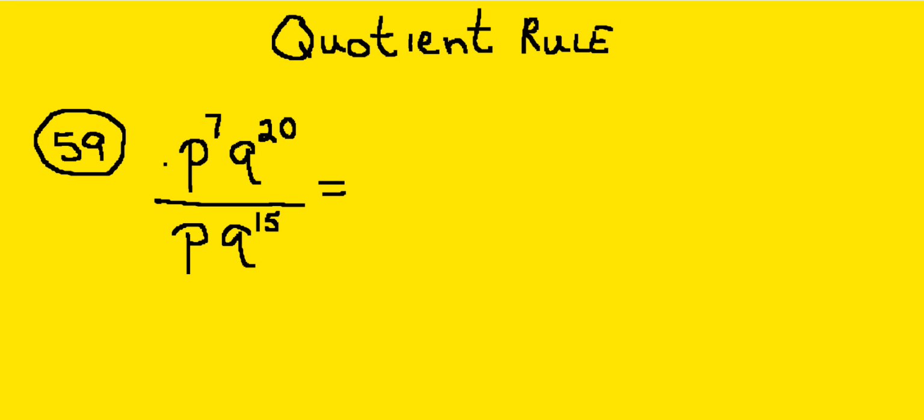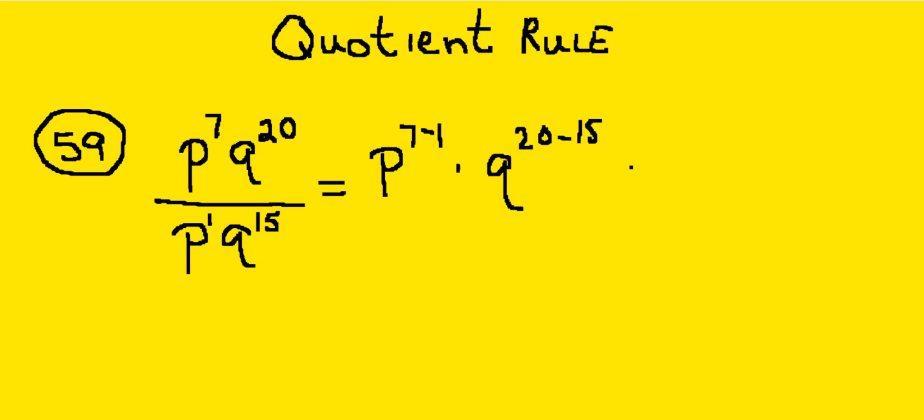So for this guy here, it's going to be what? P to the 7 minus 1, because there's really a 1 here, and times Q to the 20 minus 15. I'm just subtracting the smaller exponent from the larger one.